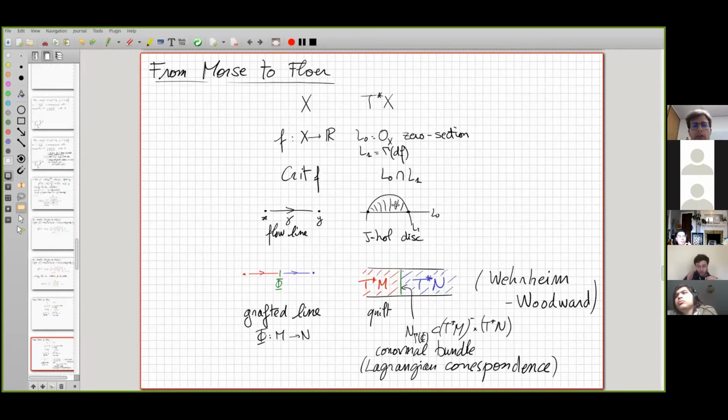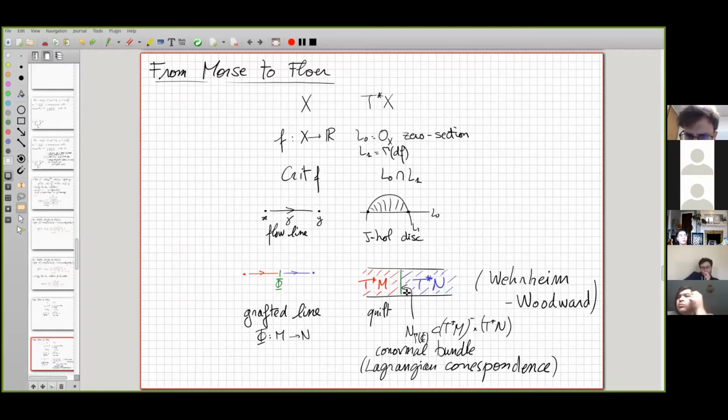That's well known, but now the question is, what happens to these grafted lines that we saw before? It turns out that a grafted line will become a quilt. These are objects that were defined by Wehrheim and Woodward. So these are pairs of pseudoholomorphic maps happening in the cotangent bundle of M and the cotangent bundle of N, but they are seamed together by a Lagrangian correspondence.